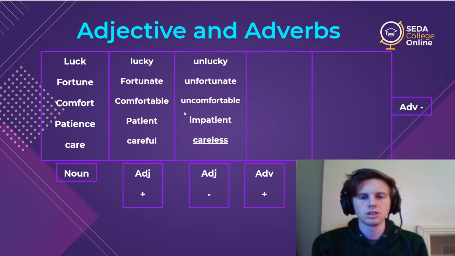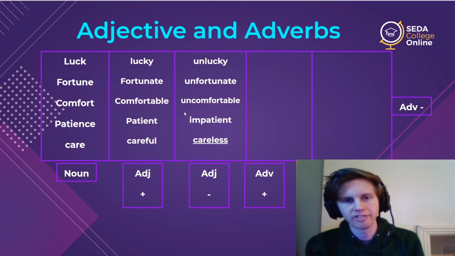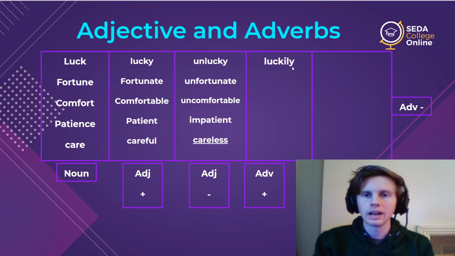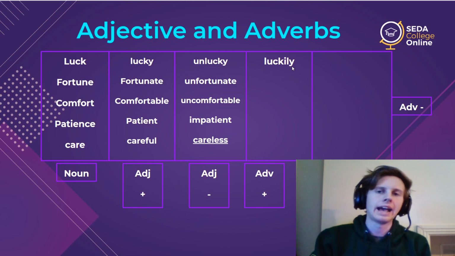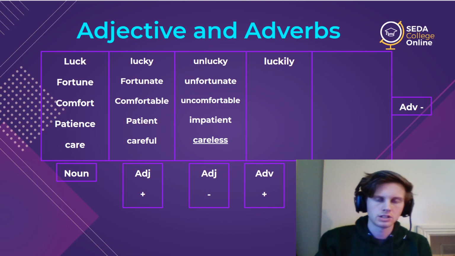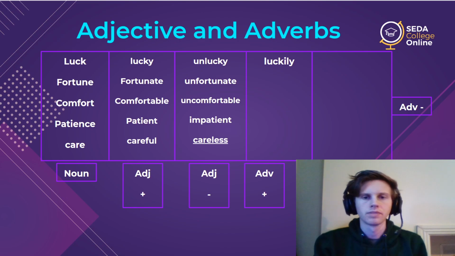All right, so now how do we make them adverbs? Well, to make adverbs, you take the adjective and you add ly. So ly is the adverb suffix in English, and it's very, very common. We use it for many, many adjectives. So luckily, or fortunately, sorry, we're jumping.